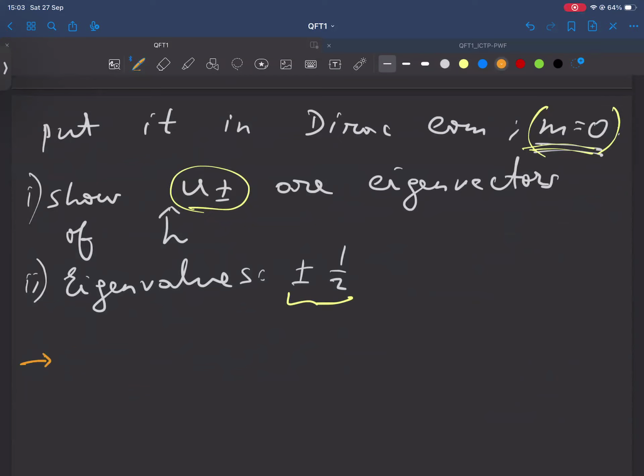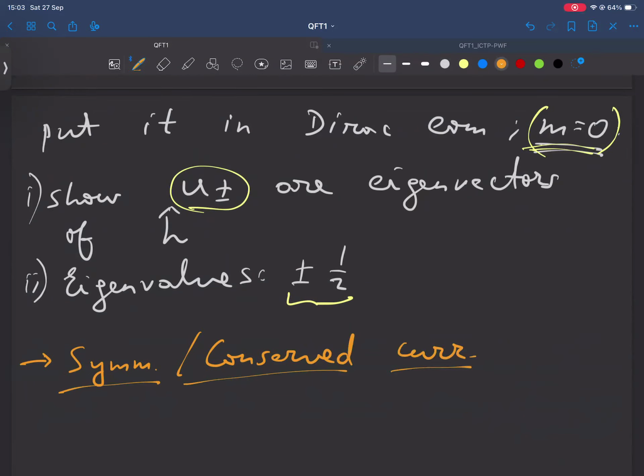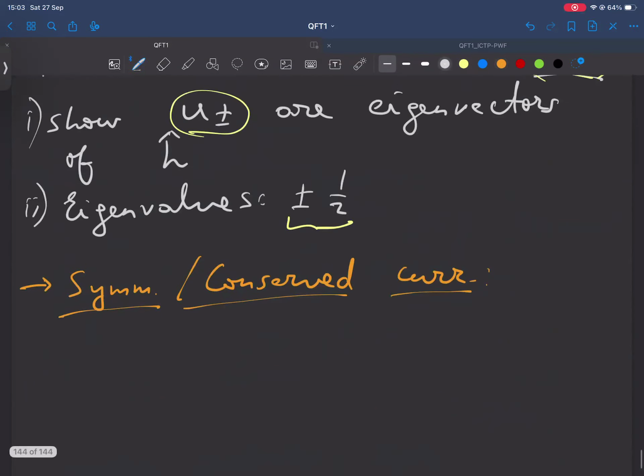Okay. Now let's move on to symmetries of the Dirac Lagrangian. What are the symmetries and conserved currents? We have written the Lagrangian since yesterday, but we haven't yet discussed this part.